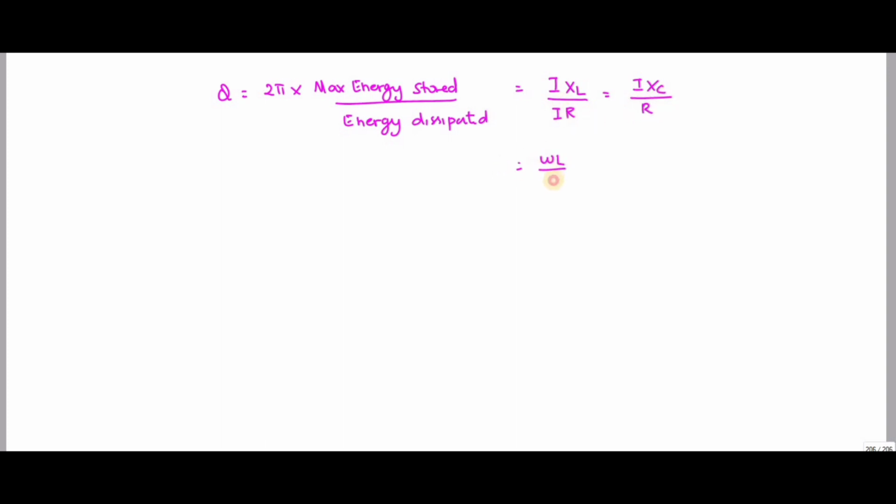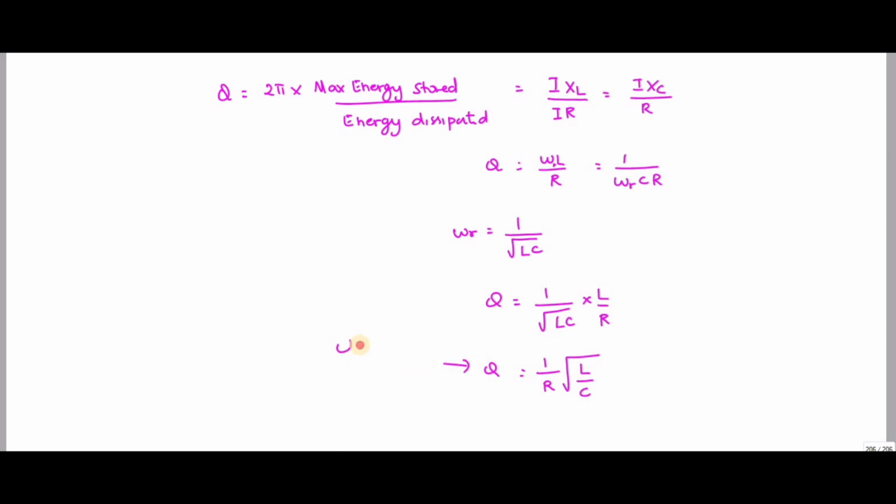XL is nothing but omega L by R, or 1 divided by omega RC by R. So this is your Q. If I substitute omega R, which is 1 divided by root of LC, then Q is equal to 1 divided by root of LC into L divided by R. So here you will get 1 divided by R into root of LC. So Q is nothing but your quality factor.